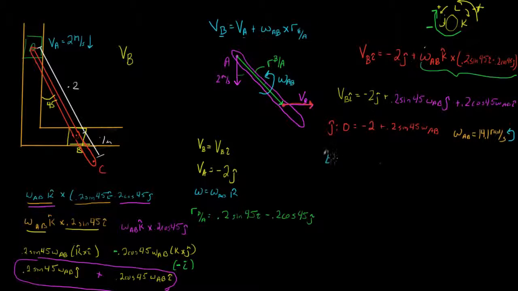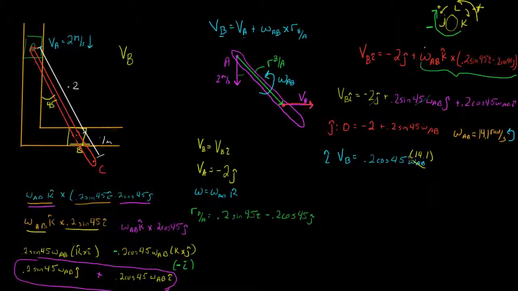If we look at our i terms, we're going to have a VB, which is equal to, this term is a j, this term is a j, but this term is an i. So VB is equal to 0.2 times the cosine of 45 omega AB. And we just found that. We know that this omega AB is going to be 14.1.